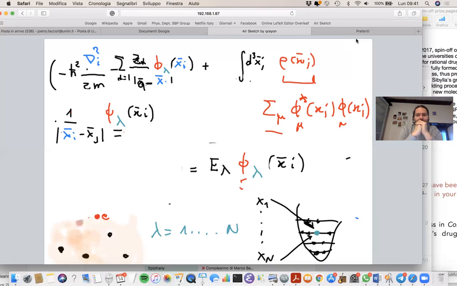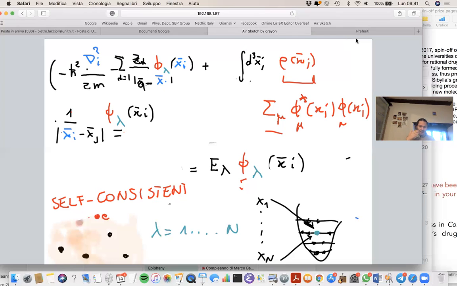This is called a self-consistent equation. Self-consistent means I need the answer to formulate the problem. I need the orbitals to write down the charge density, which I need to write down a Schrödinger equation that gives me the orbitals.